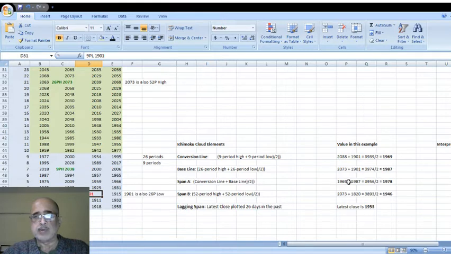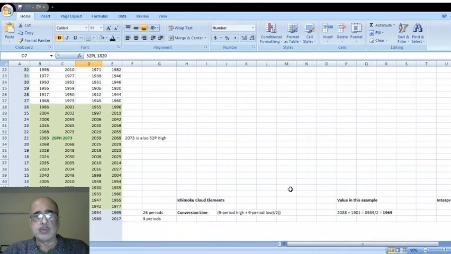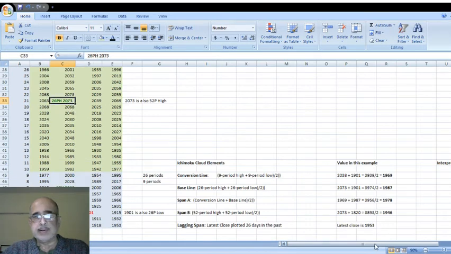Now, span A is 1969 plus 1987 divided by 2, which is 1978. For span B, 1820 is the low and 2073 is the high, so 2073 plus 1820 is 3893, divided by 2, 1946.